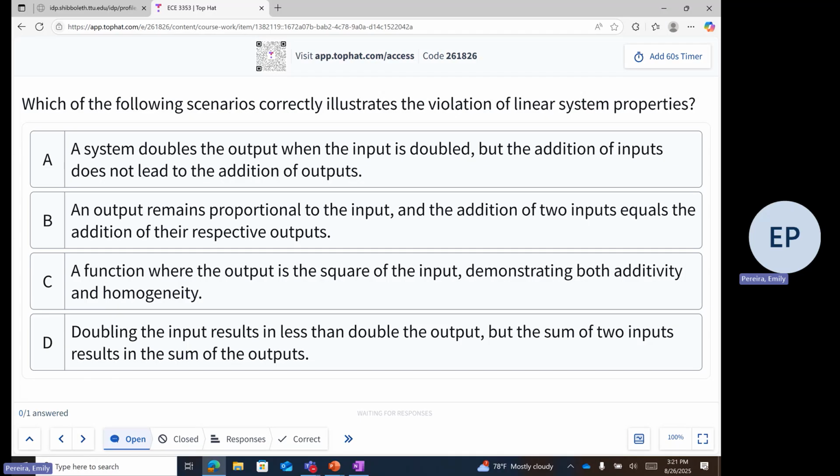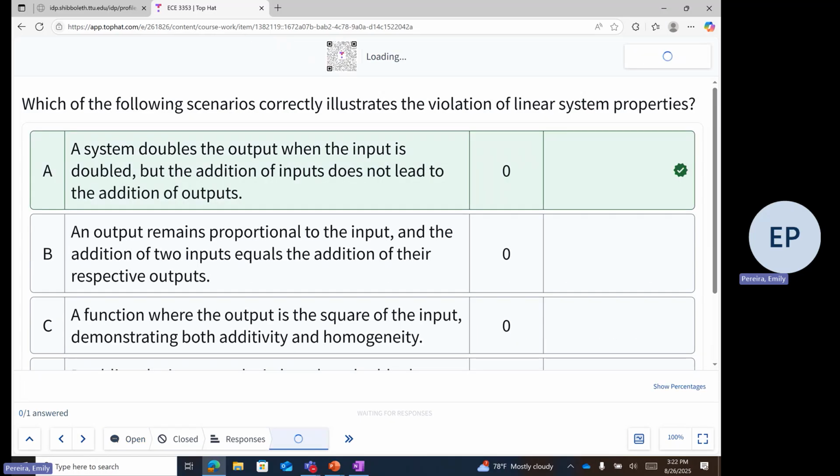C, a function where the output is the square of the input, describing both additivity and homogeneity. Or D, doubling the input results in less than double the output, but the sum of two inputs results in the sum of the outputs. So which of the following illustrates the violation of linear system properties? The correct answer will be A.